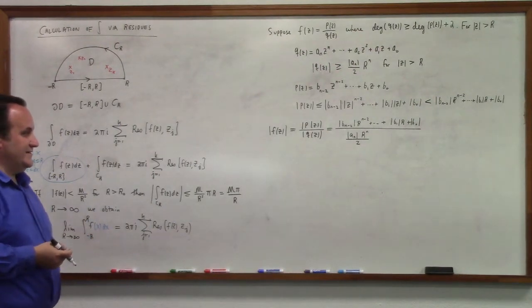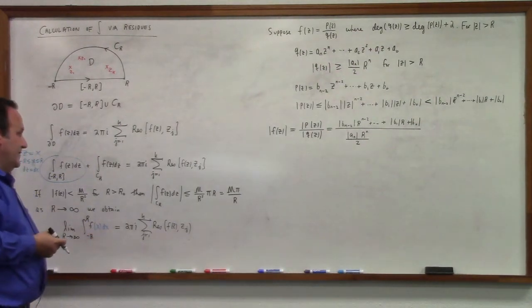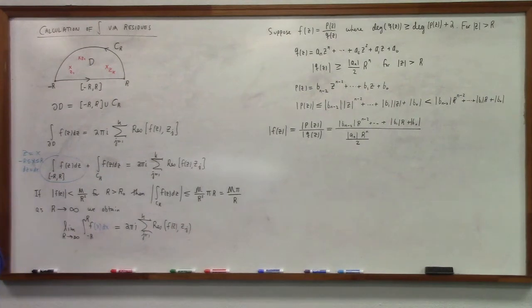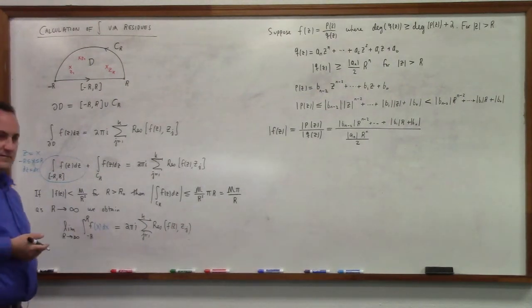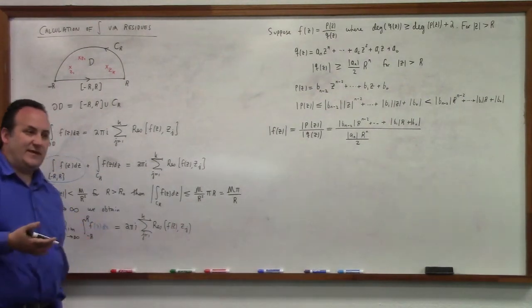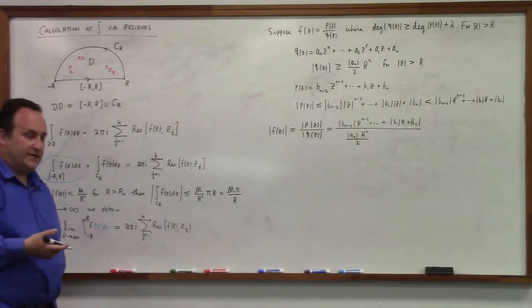And while that isn't of the form M over R squared, it's not quite that, it will behave the same as M over R squared in the limit.